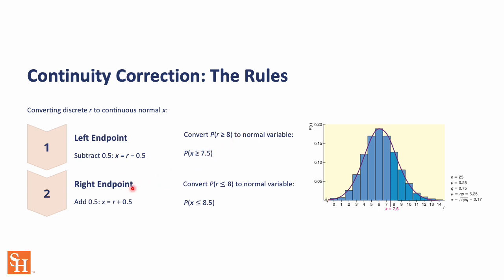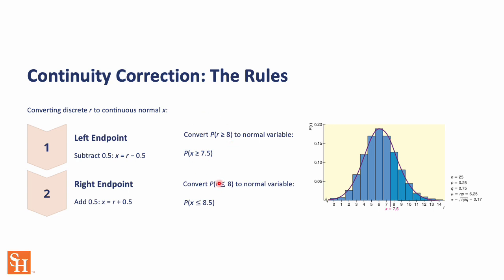And for the right endpoint, we add 0.5. Say if the original problem was the probability that R is less than or equal to 8. In our case it is greater than, but if our original problem were less than or equal to 8, then for the continuity correction we would add 0.5, and the probability for the continuous distribution would be that X is less than or equal to 8.5, right?